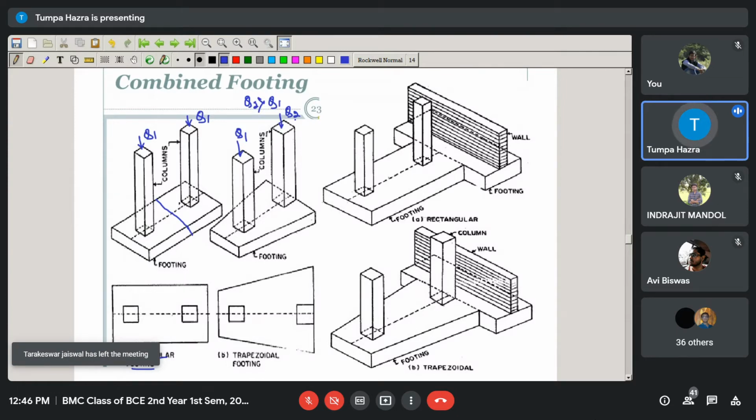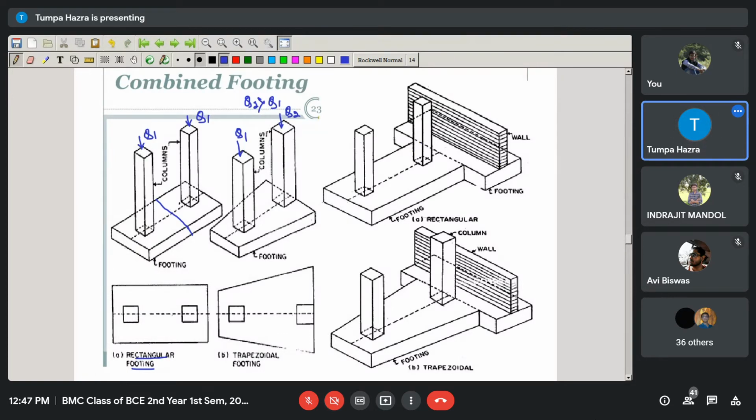Sometimes you will find that a combined footing is used not only for columns but also for walls. This is a combined footing for both columns and walls.